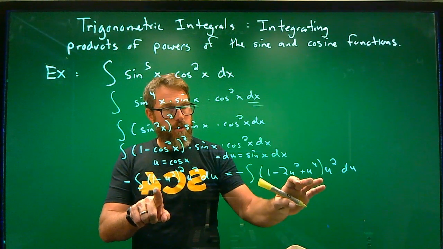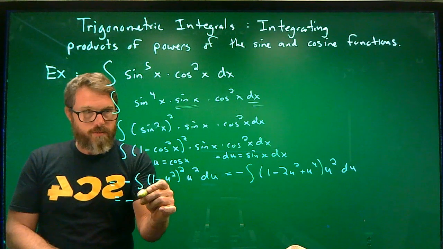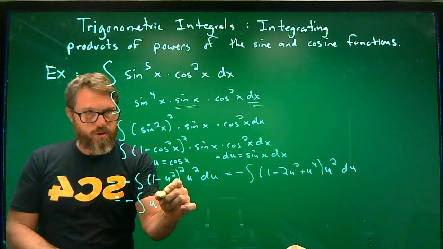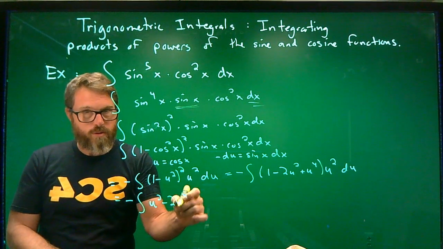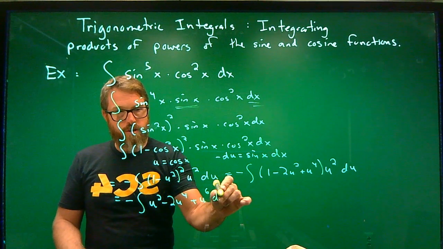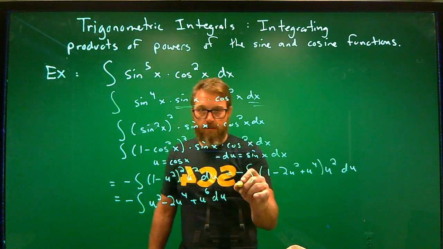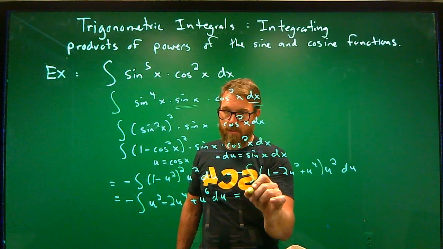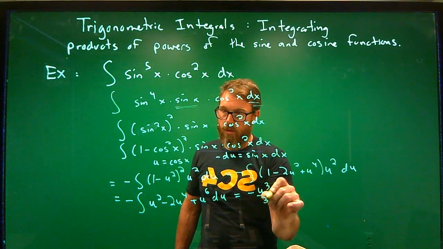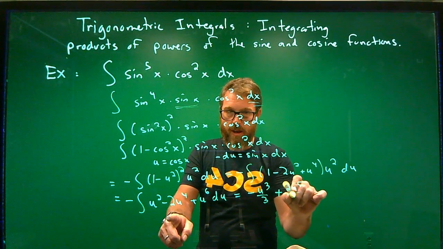And then I'm going to distribute the u squared into here. So this is going to be equal to negative the integral of u squared minus 2u to the 4th plus u to the 6th du. And now what we know about this is, again, this is polynomial form, so we just integrate. So this is going to be minus u cubed over 3. Minus a minus is plus 2u to the 5th over 5.